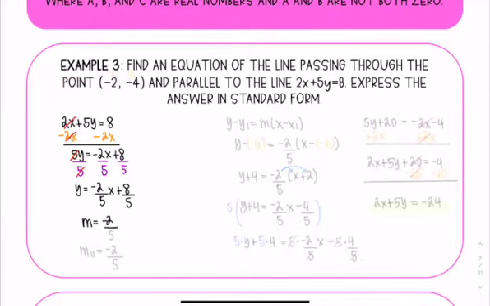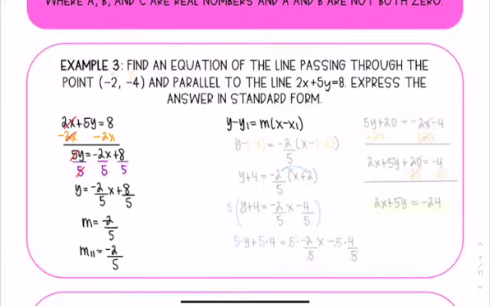And we know that parallel lines have the exact same slope. So that means that the slope of my parallel line is also going to be -2/5. Well, now that I have my slope, I have my new point, which is -2, -4, and we can plug this into point-slope form, which is y minus y1 equals m times x minus x1.